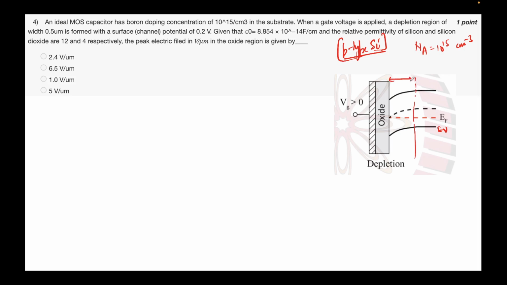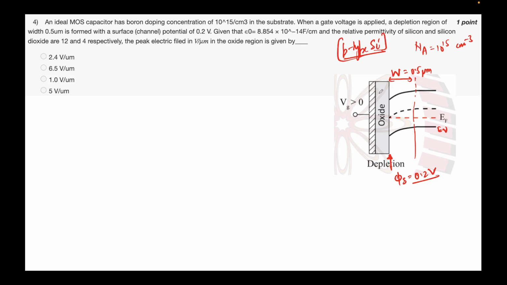This depletion region width W is given as 0.5 microns, with a surface or channel potential of 0.2 volts. So phi s has been given as 0.2 volts, and the permittivity of free space, and for silicon and silicon dioxide, is also given. What we are required to find is the peak electric field in the oxide region.